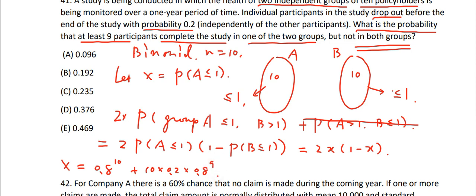So x just equals this. The calculation is just 2.8 multiplied by 0.8 to the 9th, which is 0.89. So we find this x, and we find this probability.